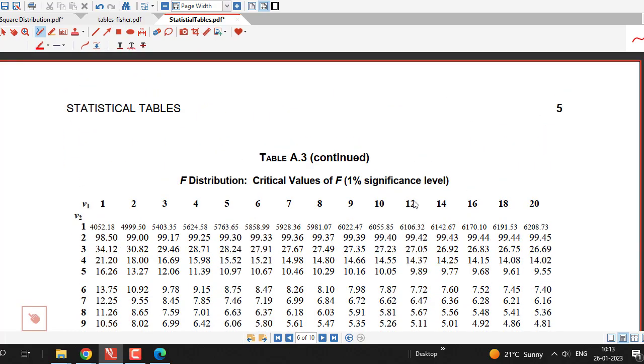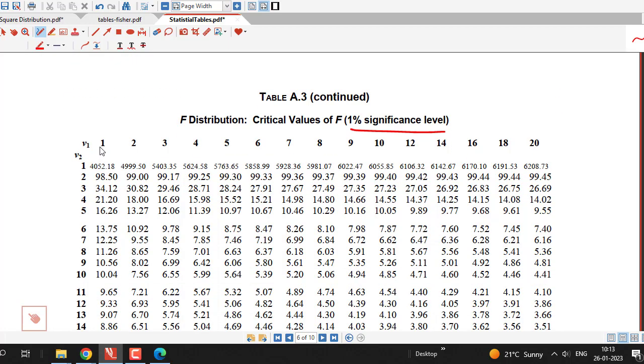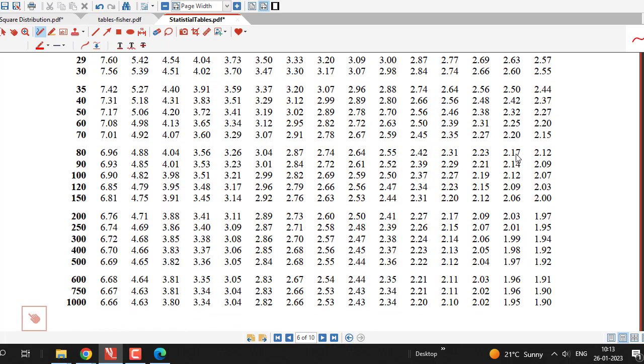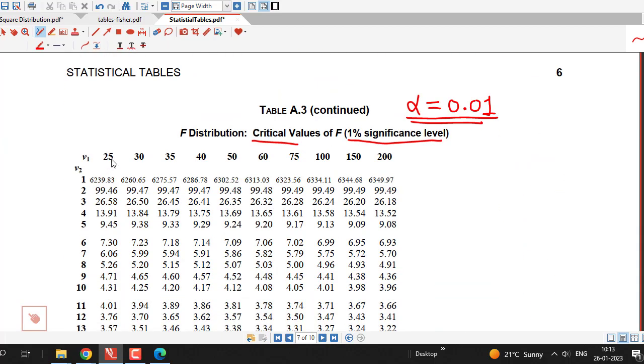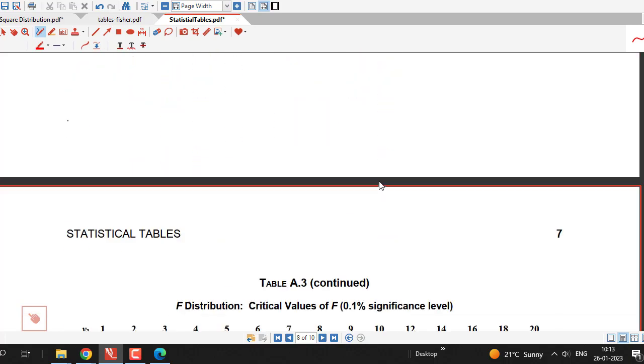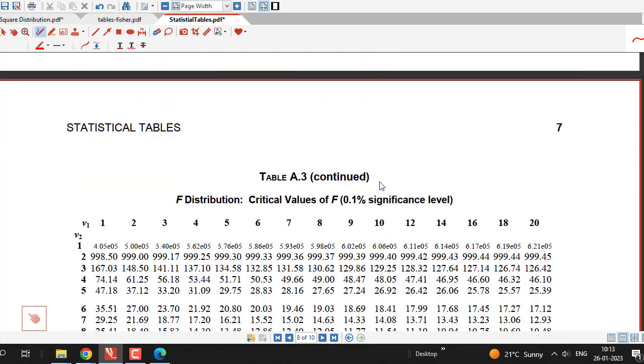Similarly, here all these values are also for 1% level of significance. You can see these values are for numerator degrees of freedom, and these values are for denominator degrees of freedom. Here numerator degrees of freedom are up to 20, therefore they have given another table for numerator degrees of freedom from 25 to 200, and similarly this is for 0.1% level of significance, that is alpha equal to 0.001.